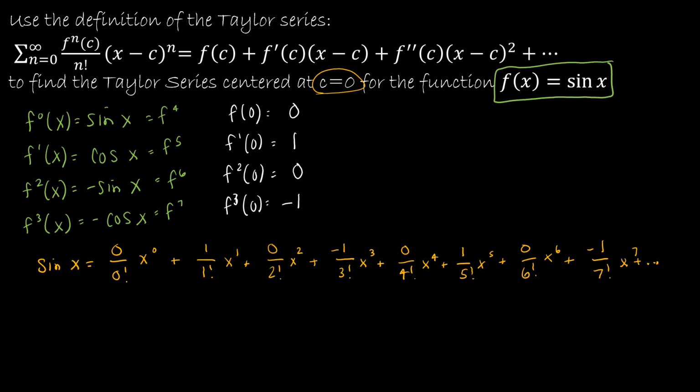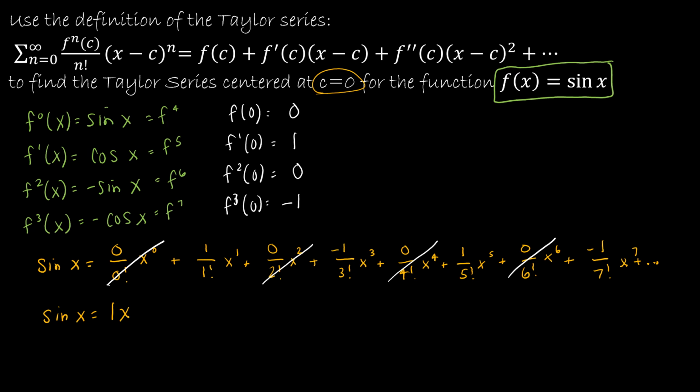And you might be thinking, well, geez, we don't usually do that many terms, but the reason I did so many is because this is obviously a 0, and this is a 0, and this is a 0, and this is a 0, so every other term is canceling out. So I now have sine of x is equal to 1 over 1 factorial, which is just 1, x to the first. So my first one is 1x.